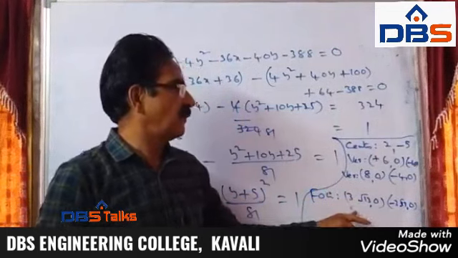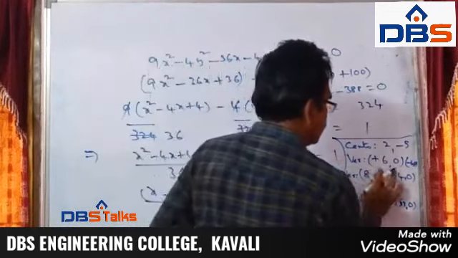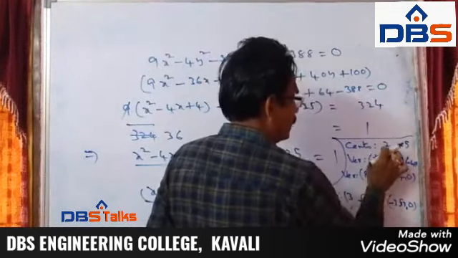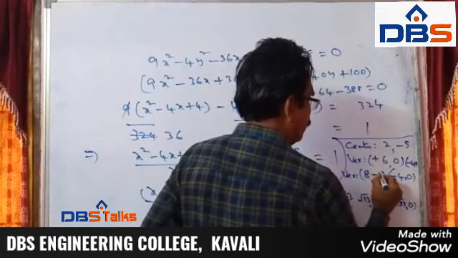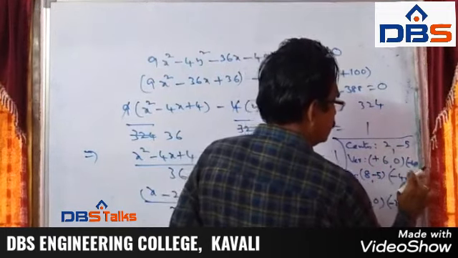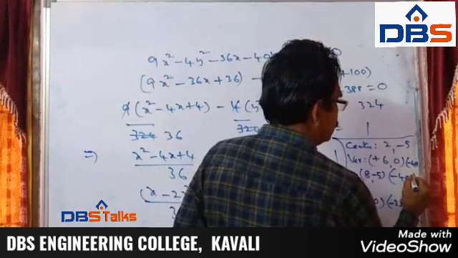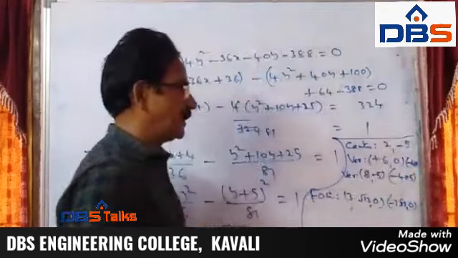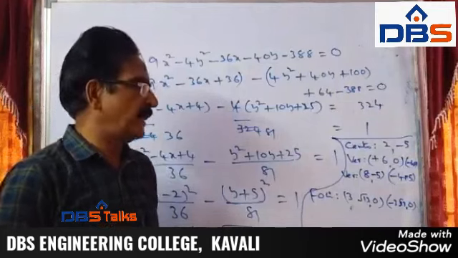Because here you have to add the center: 6 plus 2 is 8, 0 plus minus 5 is minus 5, so 8 comma minus 5 and minus 4 comma minus 5.